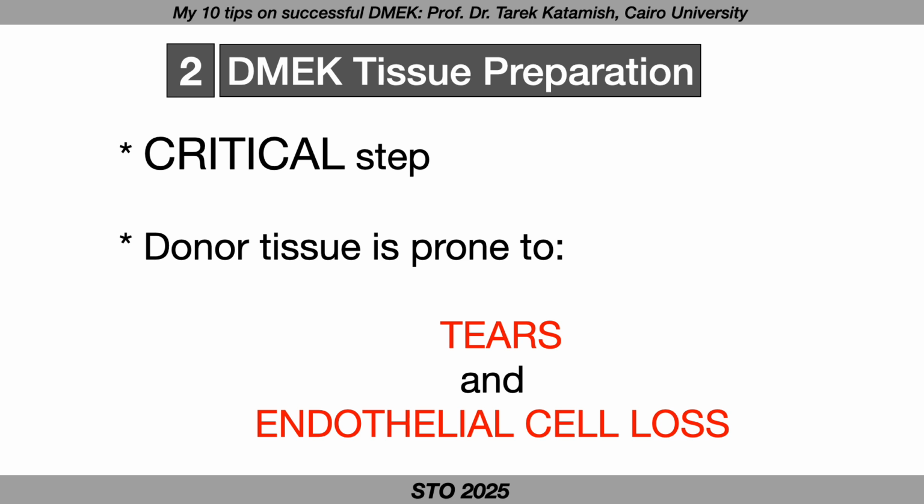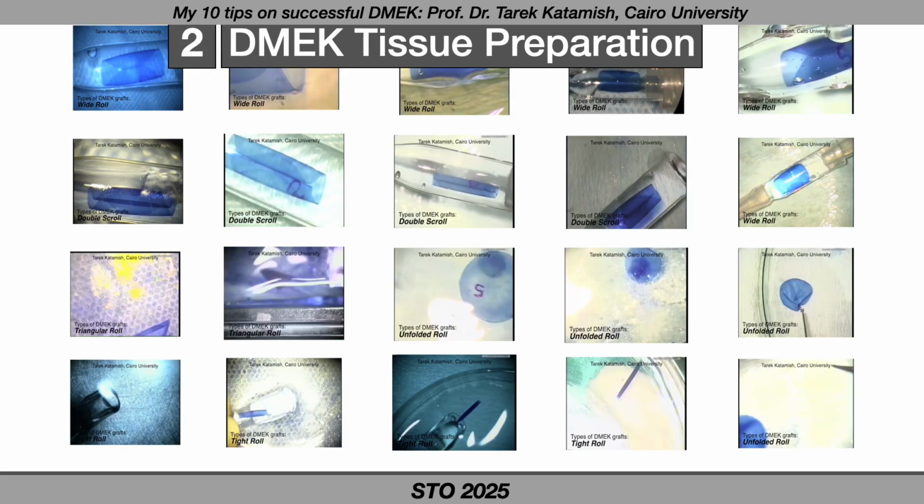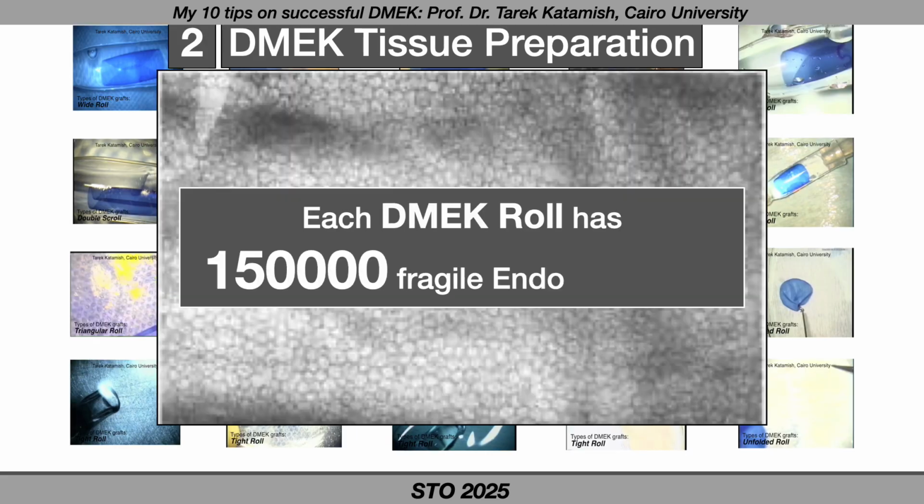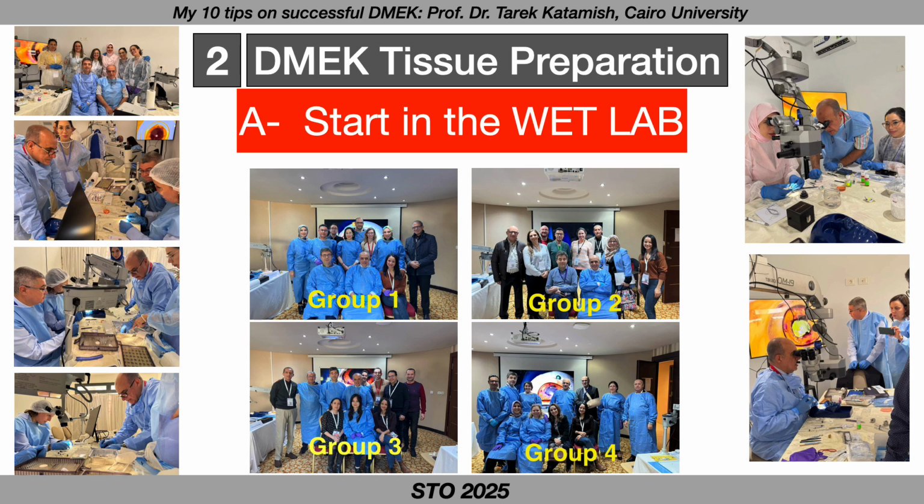Tip number 2, DMEK tissue preparation. It is a critical step. Donor tissue is prone to tears and endothelial cell loss. As you see, these delicate DMEK rolls, each roll has about 150,000 fragile endothelial cells. So you have to be very careful during DMEK tissue preparation.